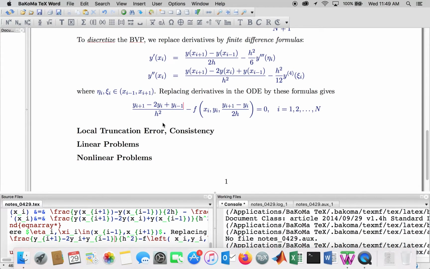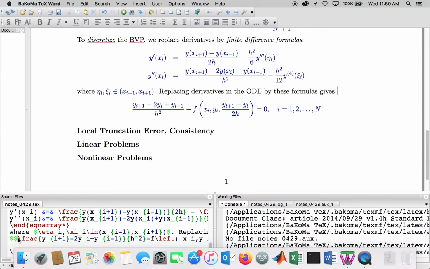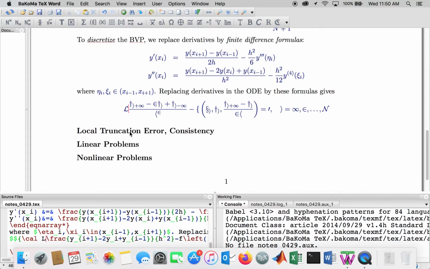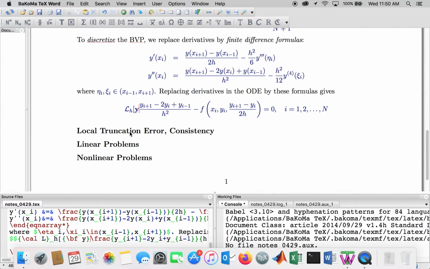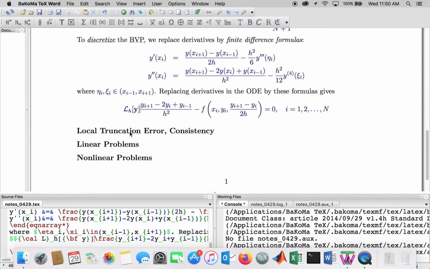Okay, so now this is the boundary value problem isolated on one side, with both derivatives replaced by the respective finite difference formulas. Now I'm going to abbreviate this. This whole expression here, you can think of it as an operator, LH, applied to the vector y, and then I'm taking the ith component of that vector.